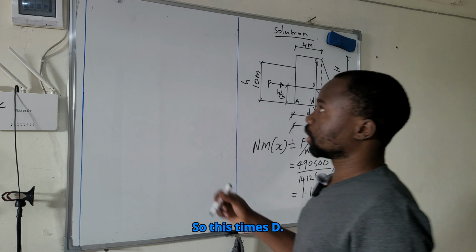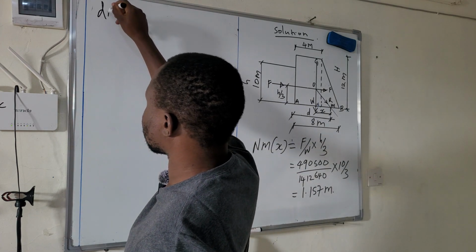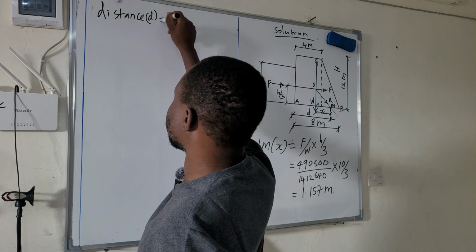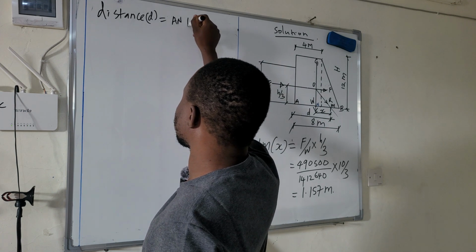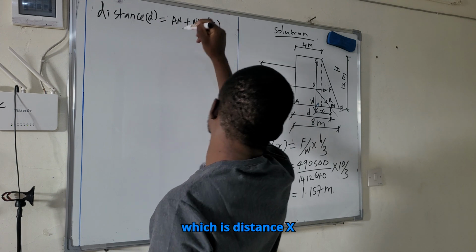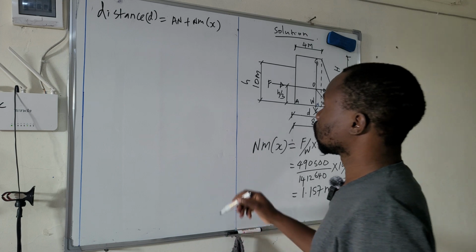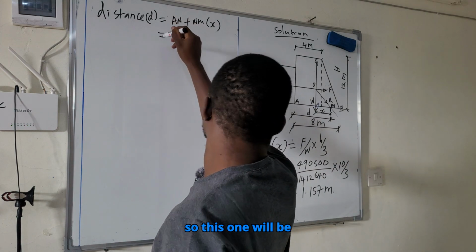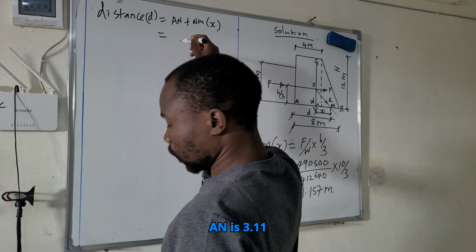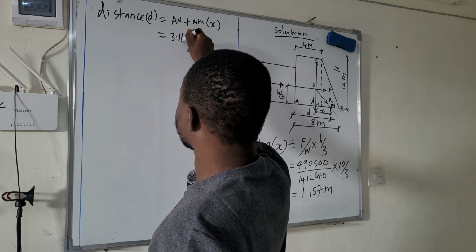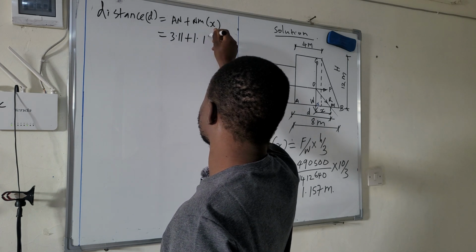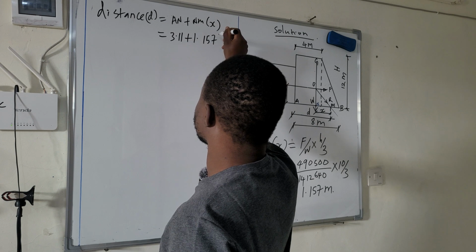So distance D is equal to AN plus NM, which is distance X. So this one will be AN is 3.11 plus 1.157.